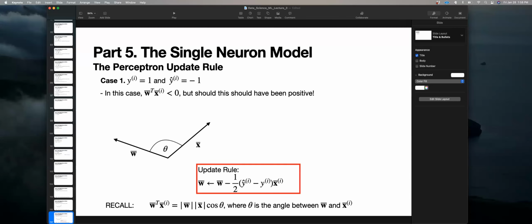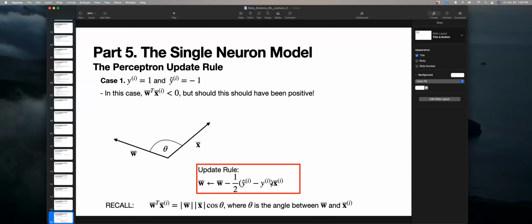So here's the update rule. W is equal to W minus 1/2 the difference of the y's times x. It looks weird, but trust me, you're going to see this same type of thing over and over again. So let's just see what this equals for this given scenario.